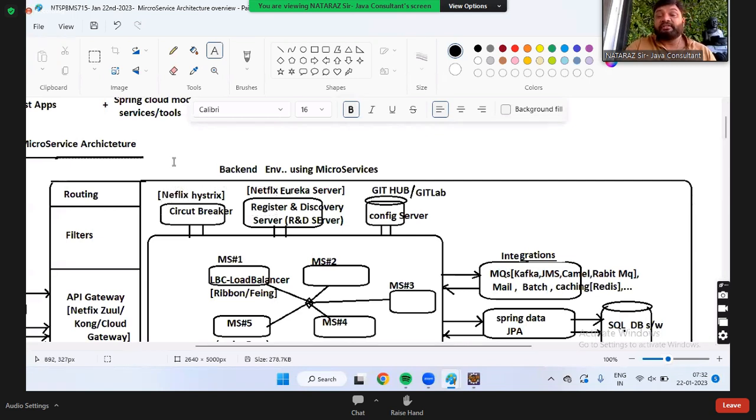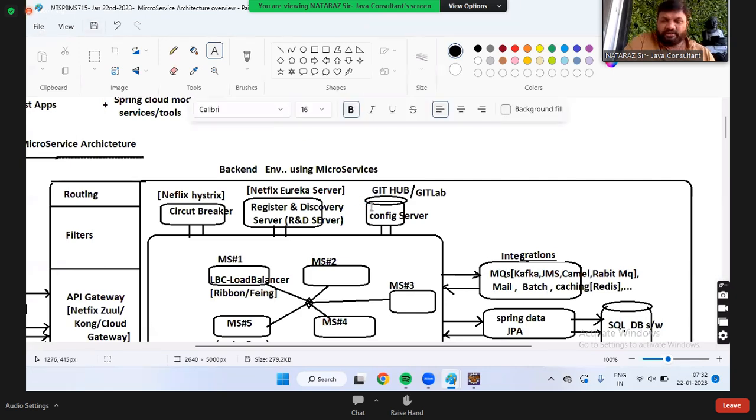For that purpose, we have a tool called circuit breaker, and Netflix is providing that particular tool. Sometimes we use Spring Cloud managed services or tools, sometimes we use third-party managed services or tools.